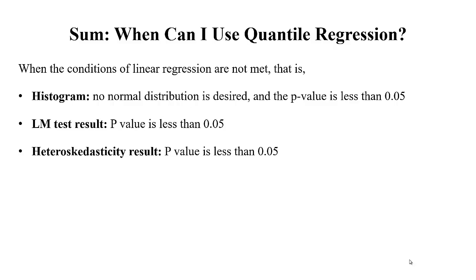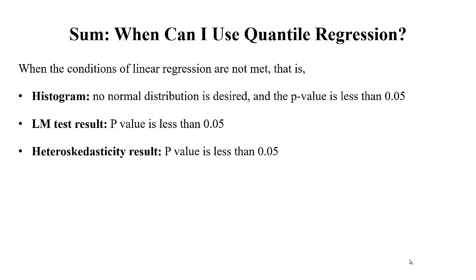Also, when you check the serial correlation and you notice that the probability value of the F statistic is less than 5%, then you make use of quantile regression. In another case, you may notice that the result of the heteroscedasticity test is also less than 5%, then the best or the most suitable technique for that particular data is quantile regression.